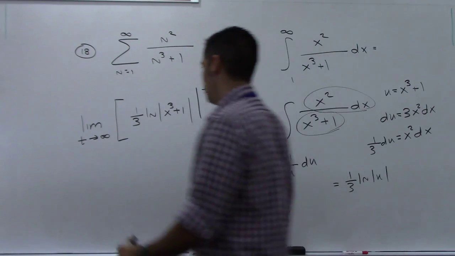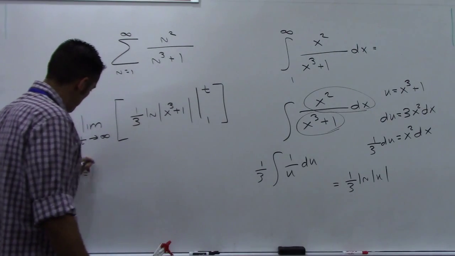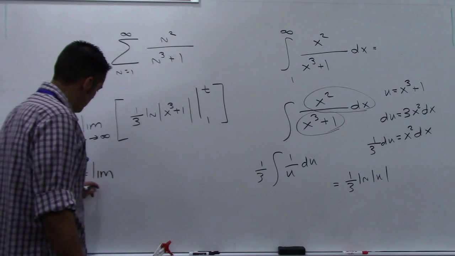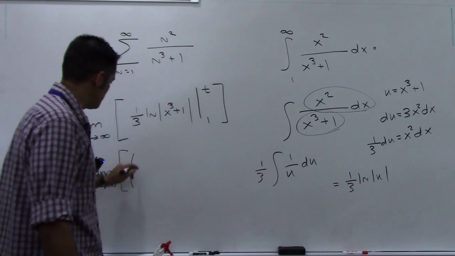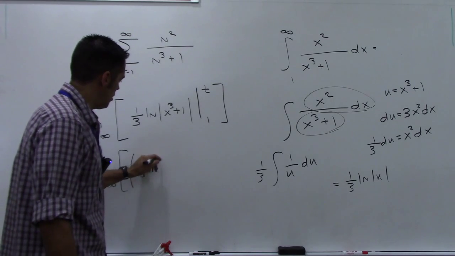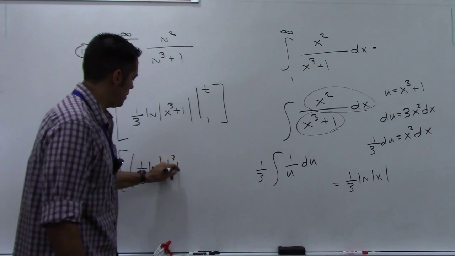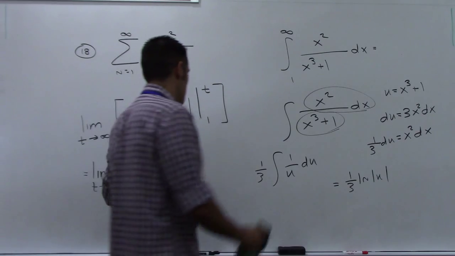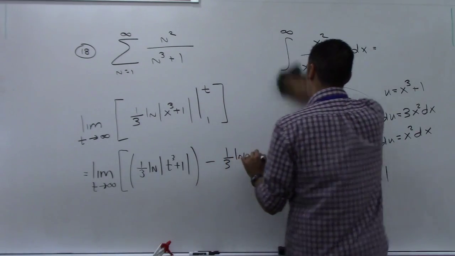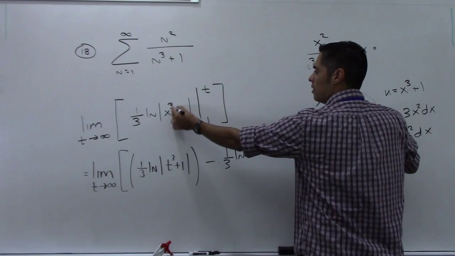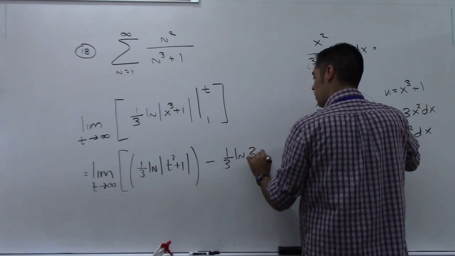And now let's plug in t first: 1/3 natural log absolute value of t cubed plus 1. And then minus 1/3 natural log. When we plug in 1 here, we get 1 cubed plus 1, that's 2. So natural log of 2.